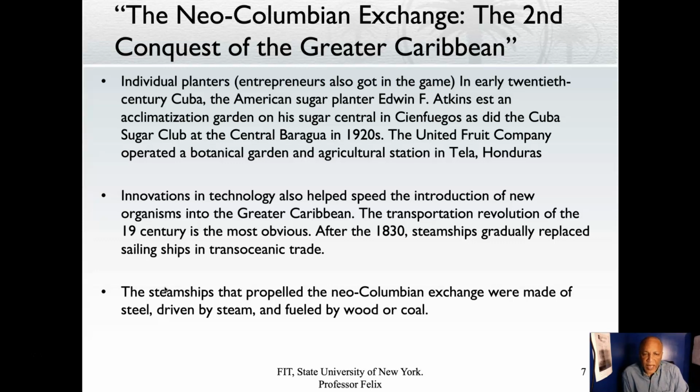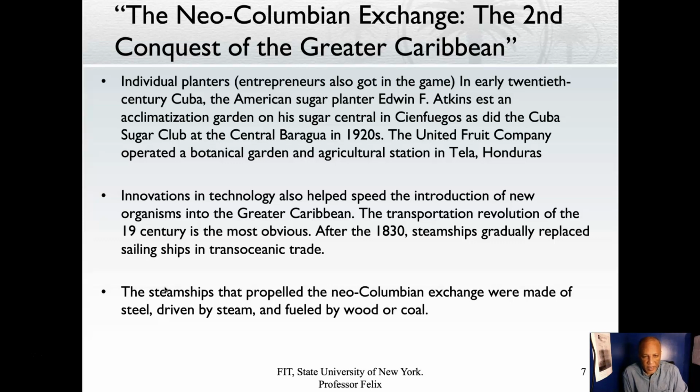And in the larger territories of the Greater Caribbean, you had a transportation revolution developing there. For example, in the big rivers in places like South America and Central America, they were able to use steamships to navigate deep into the territories, right?